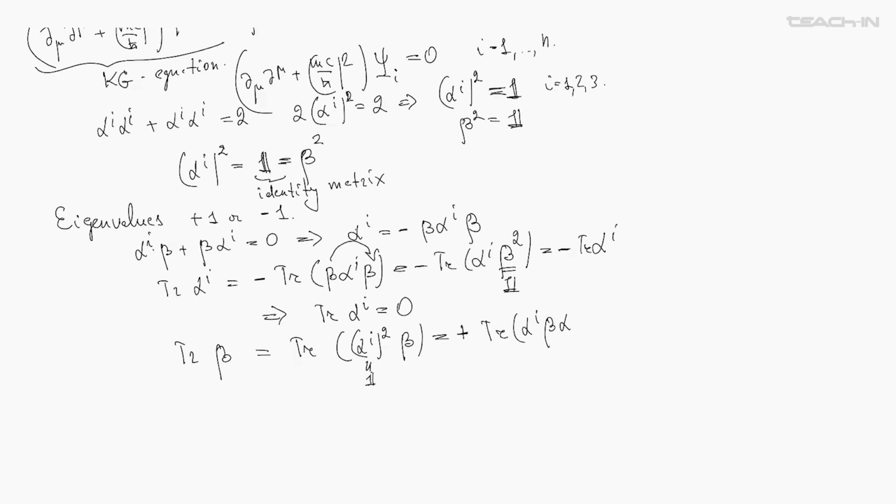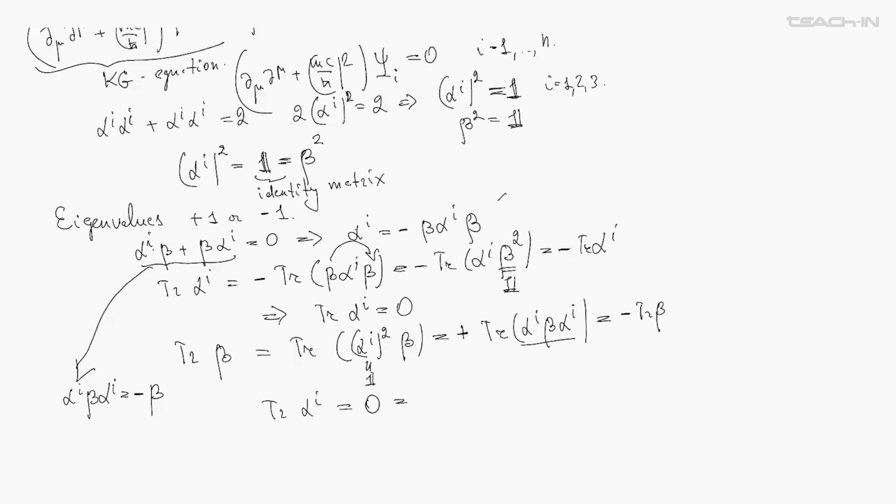And this, from the relation here, is nothing but minus trace of beta. Again, from here you see that alpha I beta alpha I is minus beta, and this is what I'm using here. So I will get minus trace beta. So trace of beta is equal to itself with a minus sign, from where it follows that the trace of beta is 0. So trace of alpha I equals 0 equals trace of beta.